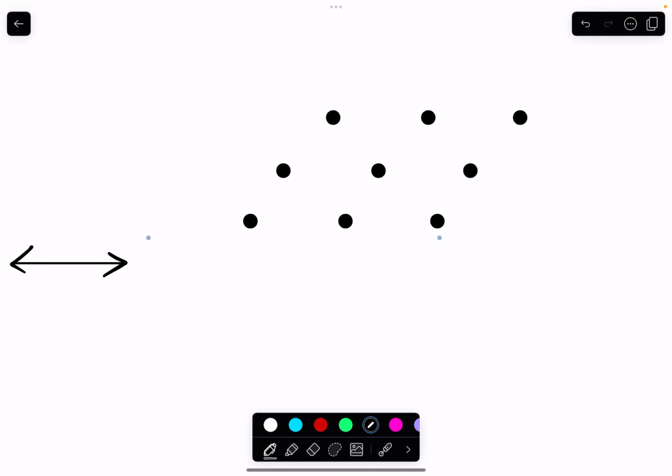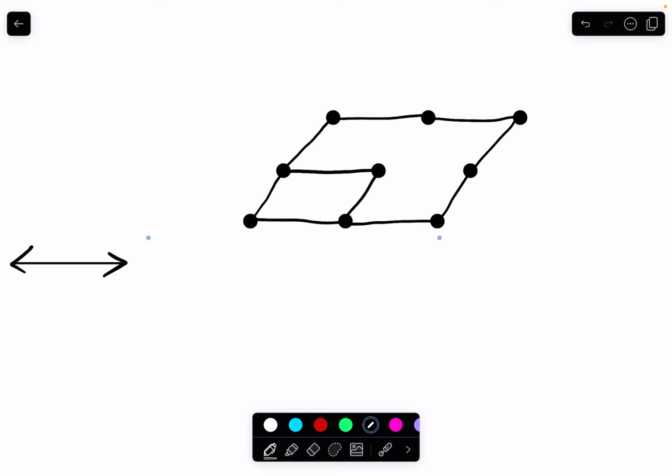And we can imagine there are these connections, I'll do it with black, between each little dot, and these are attached to springs.